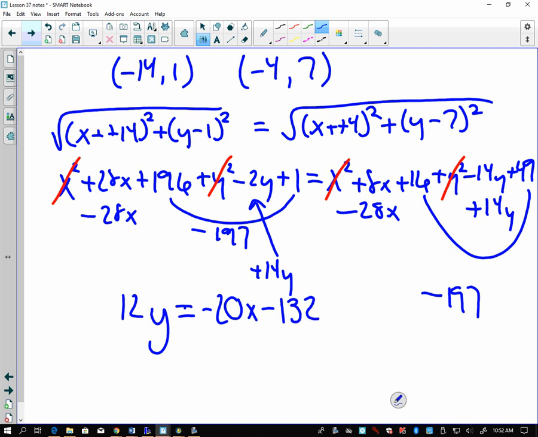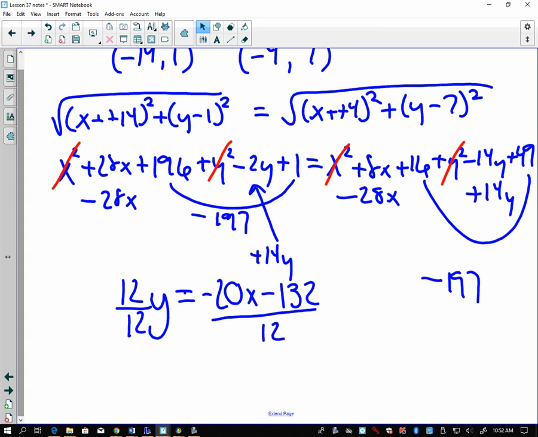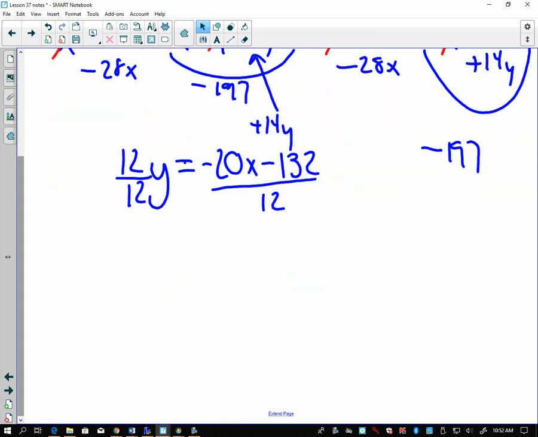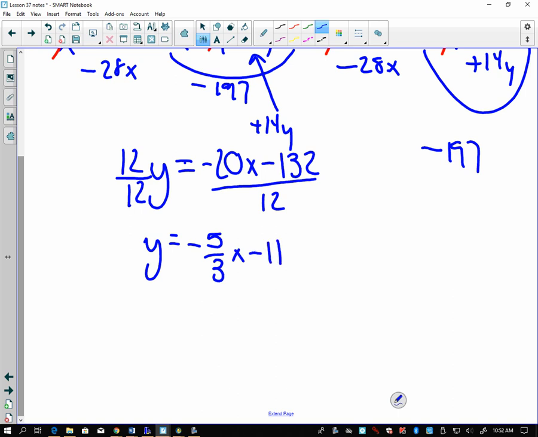Now I'm going to divide everything by 12. Negative 5/3 x minus 11. Yeah, and it should be the same thing, right? Because we use the same coordinates.